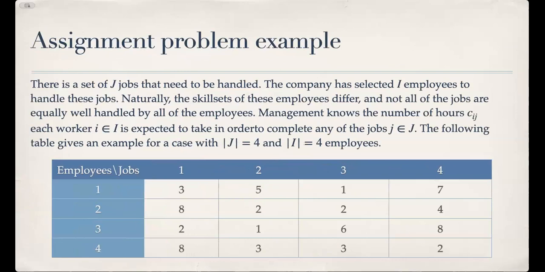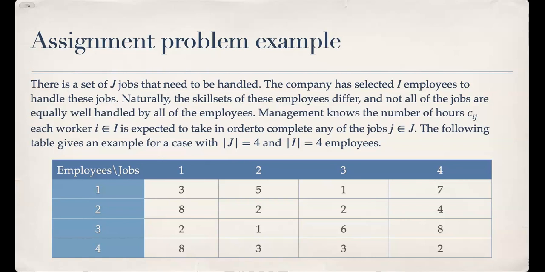This problem, we call it the assignment problem. The idea of this kind of problem is that you have a number of jobs and a number of people, and you assign jobs to people. In this case, there is a set of J jobs that need to be handled. The company has selected I employees to handle these jobs.